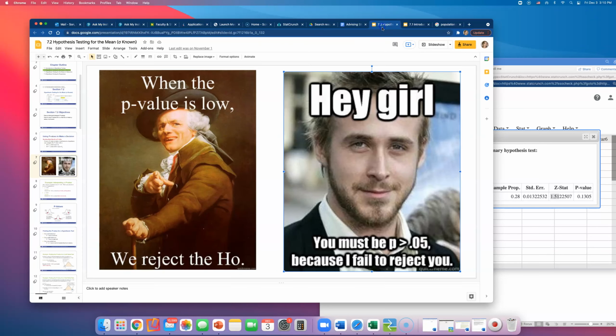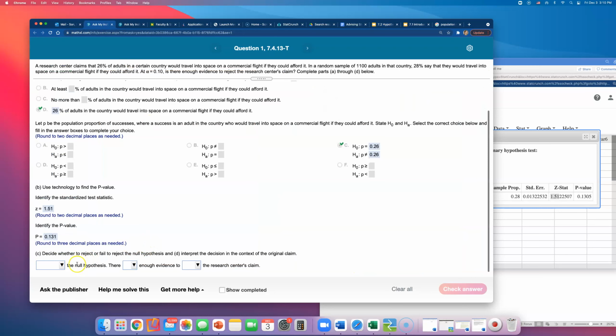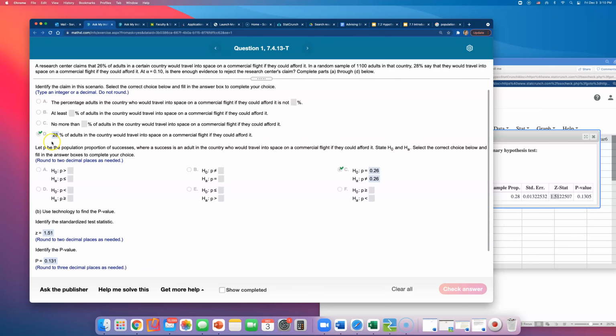So what do we have to say? When p is bigger than the alpha level, we fail to reject the null hypothesis. There's not enough evidence. Whenever you fail to reject, whenever you have a big p-value, you have no evidence. Now, what was the claim being made? The claim was that the proportion is equal to 26%.